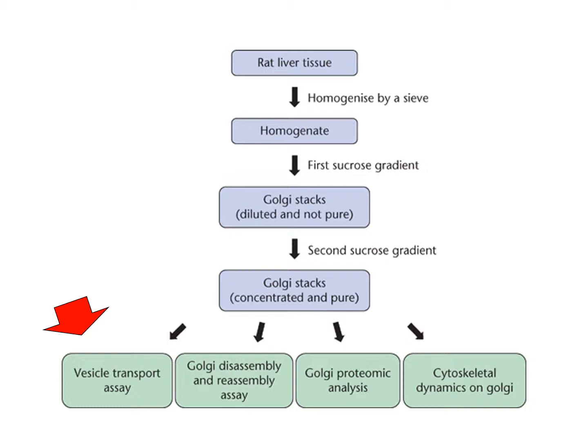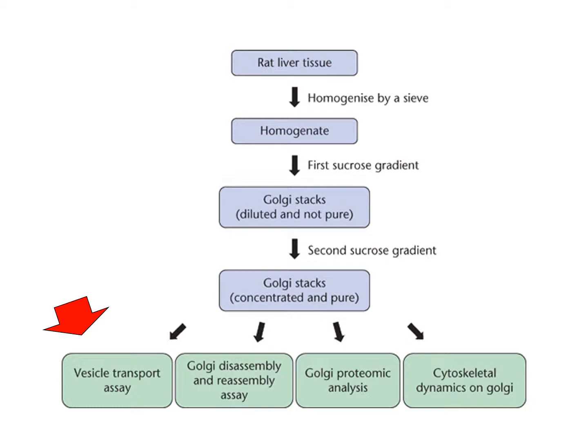You use sucrose gradient fractionation, and you're able to purify all the Golgi stacks, a little bit diluted, and you would have to do a second gradient with different densities to get a pure stack. And what we're going to talk about is movement of vesicles to and from the Golgi stacks and within. That's one of the big red arrows. So that's what Rothman's group did.